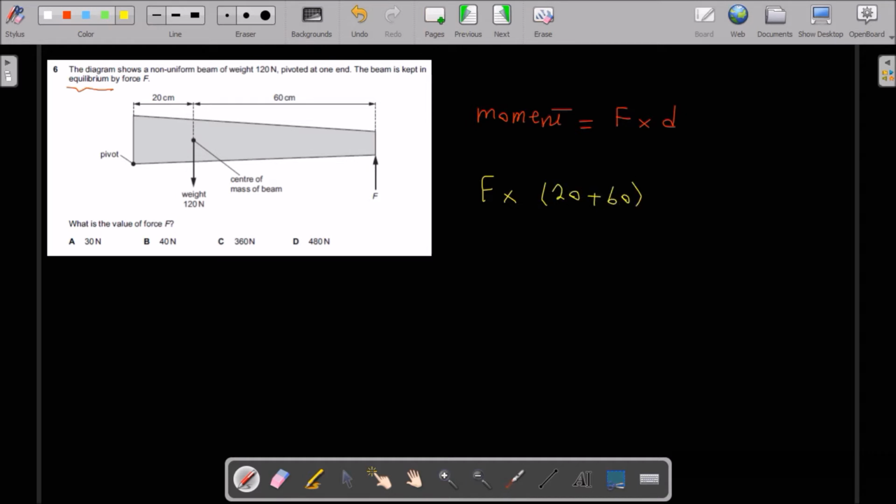Distance is 20 plus 60. And for the clockwise moment, there is only one force, 120, which is the weight of the beam, times 20. So if you calculate, you can find the answer. The answer will be 30 Newton, which A is right.